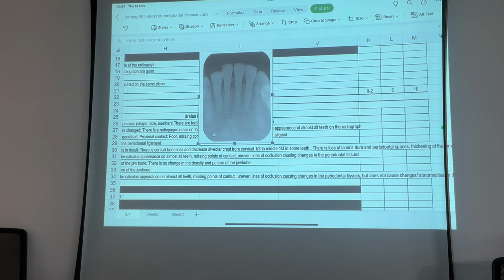And because of the plaque and calculus, as we know, plaque and calculus is a deposit of bacteria, that's why it will make a pathologic condition.